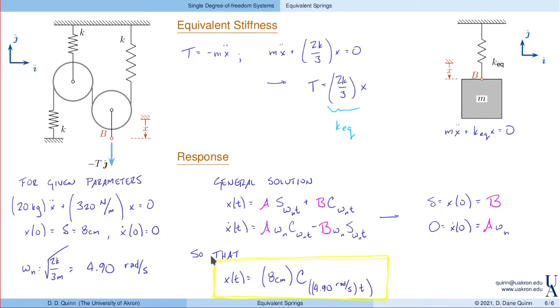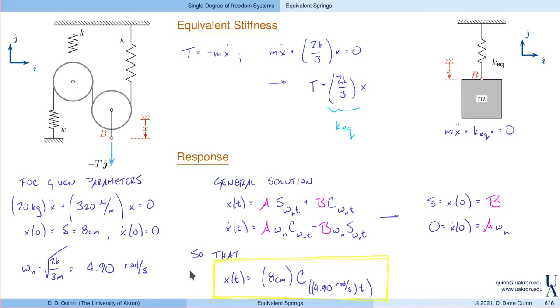Notice that it oscillates about x equal to 0, which in this case physically corresponds to the static equilibrium position. And in general, these kinds of systems do. If I displace it down, it essentially oscillates with a mean value equal to the static equilibrium displacement.